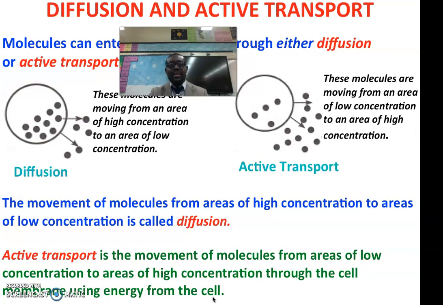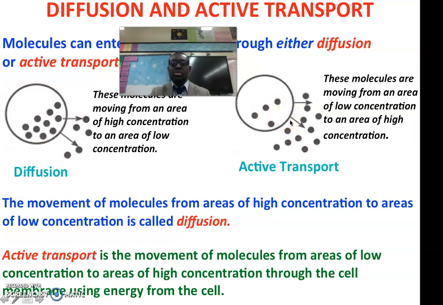In diffusion, the cell does not require any energy, and you are moving molecules from higher concentration to lower concentration. In active transport, you are moving molecules from lower concentration to higher concentration.